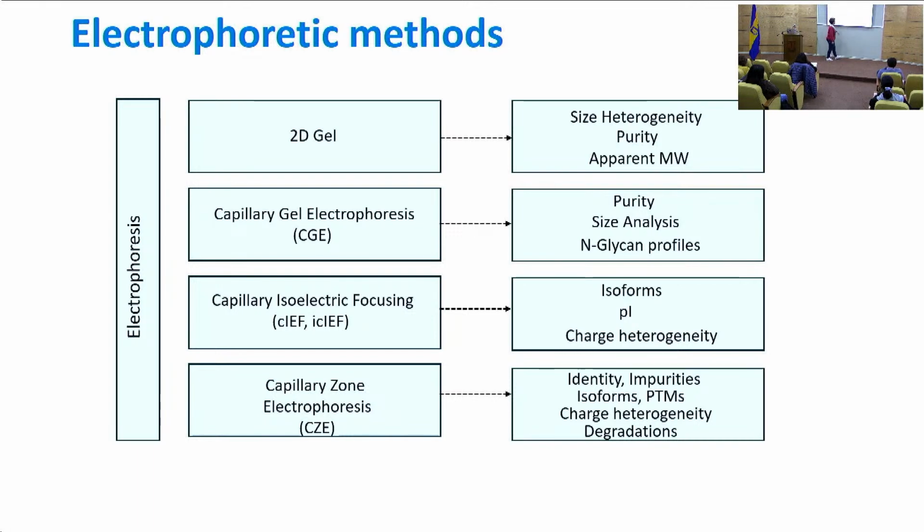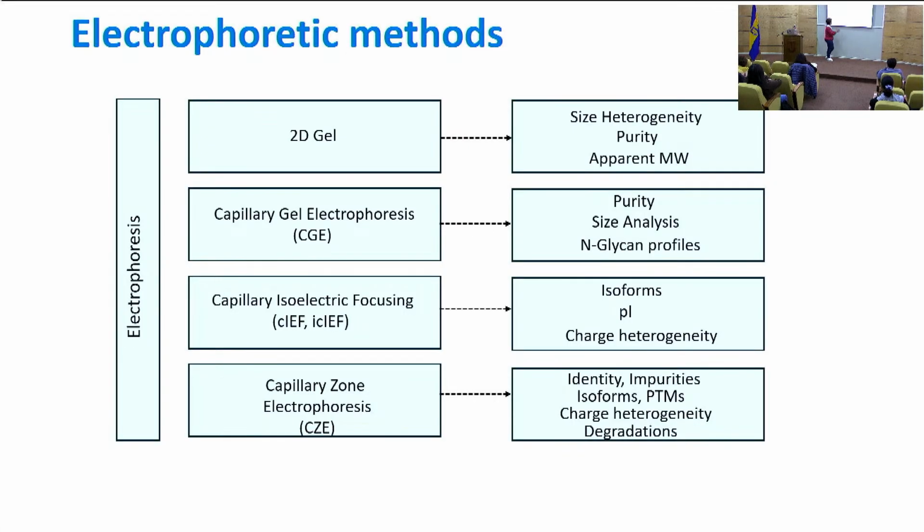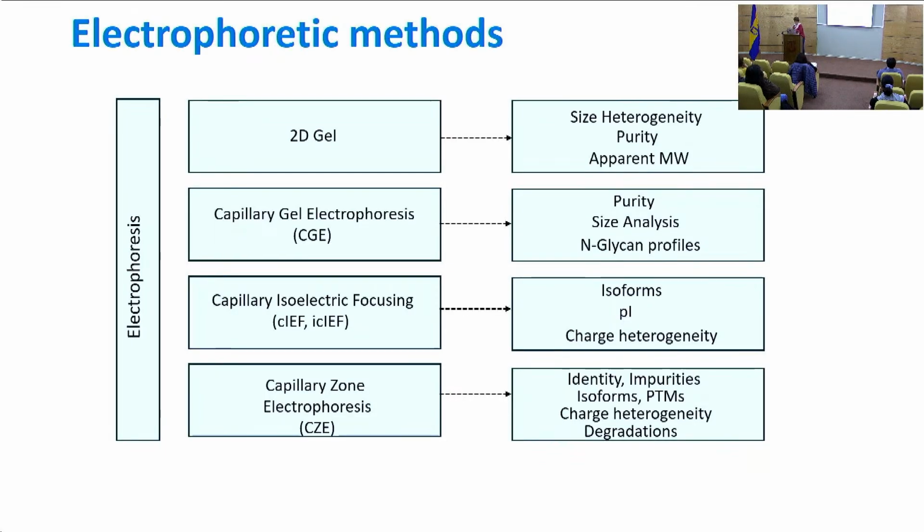It's related to the pI of the different charge variants, because we know that each charge variant exhibits a different pI, isoelectric point. And capillary zone electrophoresis allows the analysis of different molecules exhibiting charge heterogeneity.